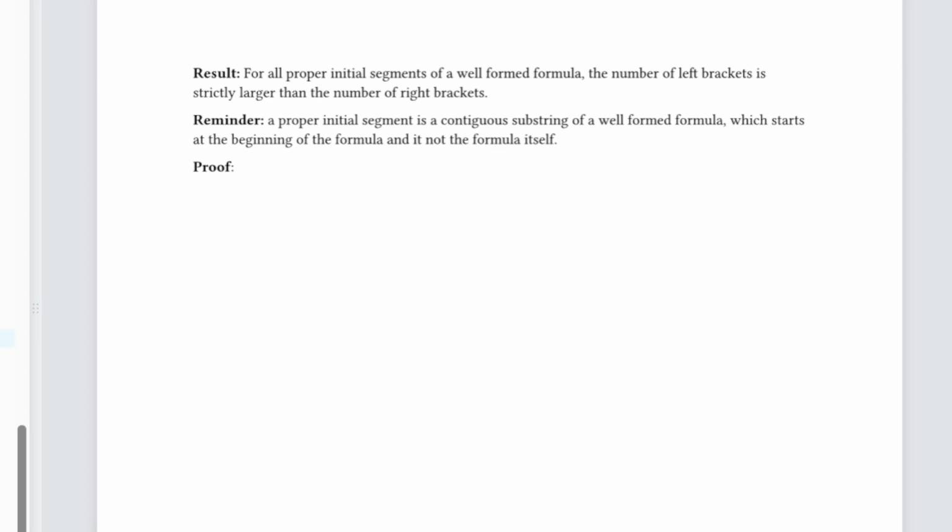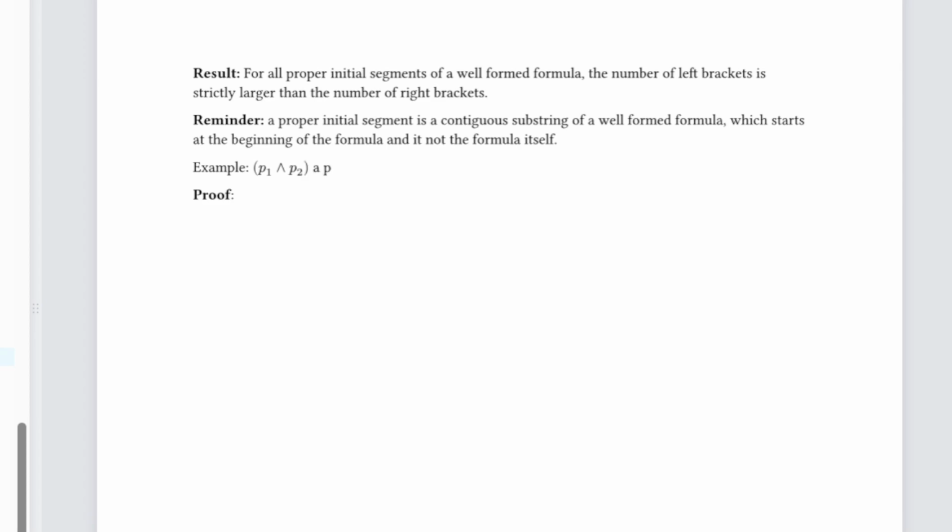So what I mean by this is, as an example, suppose that our formula were open brackets P1 and P2.